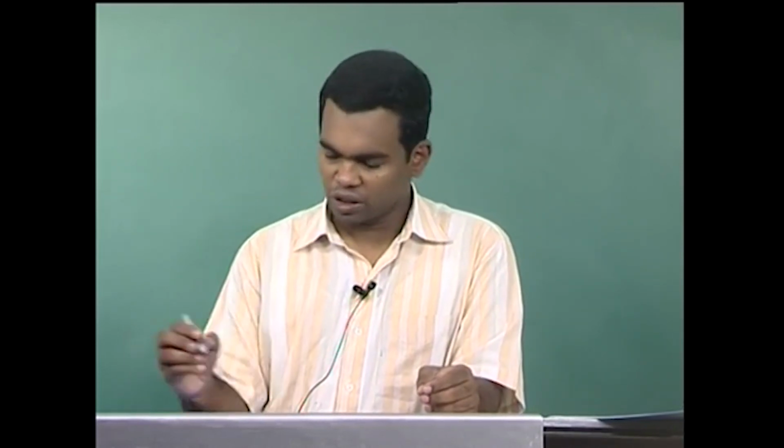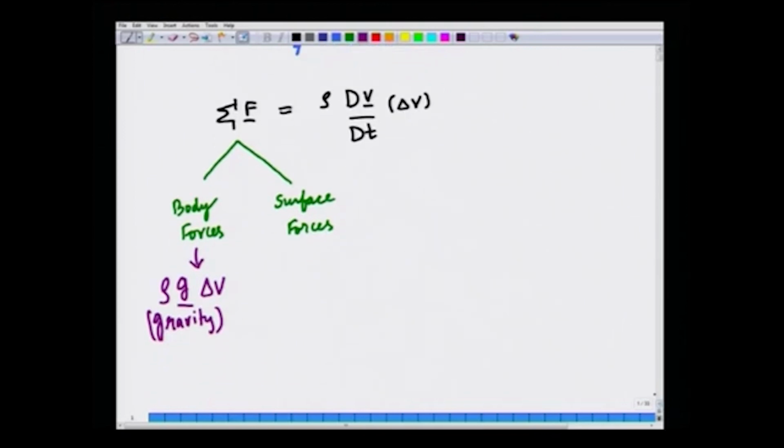Okay. Now, surface forces are a little more tricky. Now, the surface forces are due to the fact that suppose you have a surface, okay, of that cube which we just drew, and let us draw the full cube. Okay.